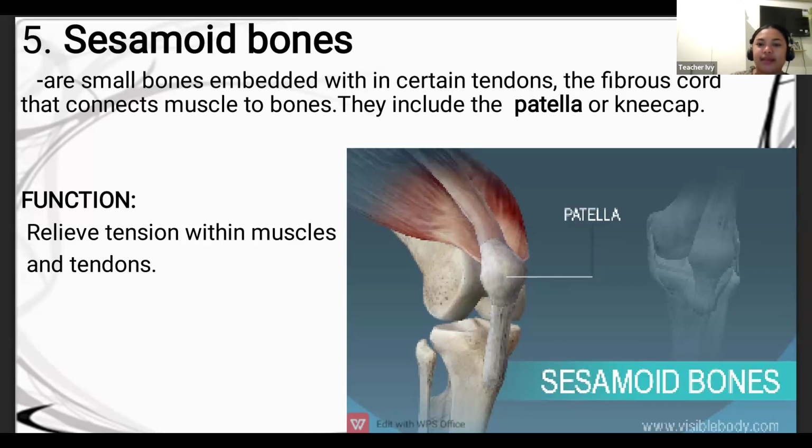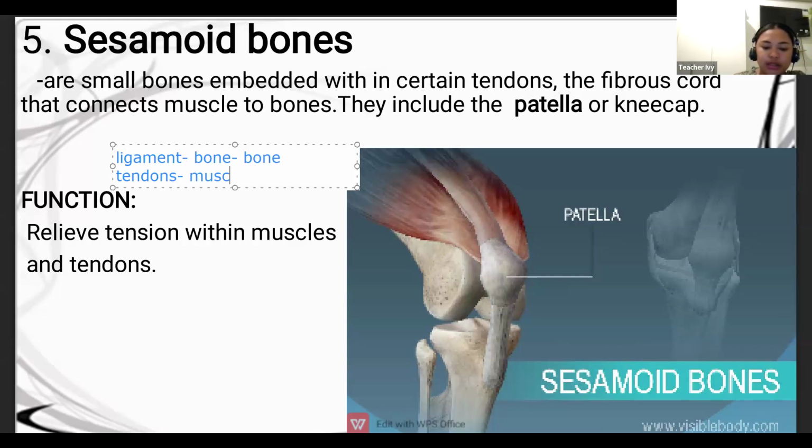The ligament. Let me type it. Ligament is a type of connective tissue that attaches bone to bone. This is the attachment, while the tendon is the connective tissue that attaches muscle to bone.